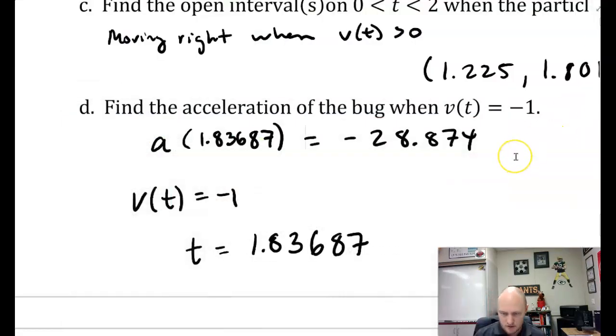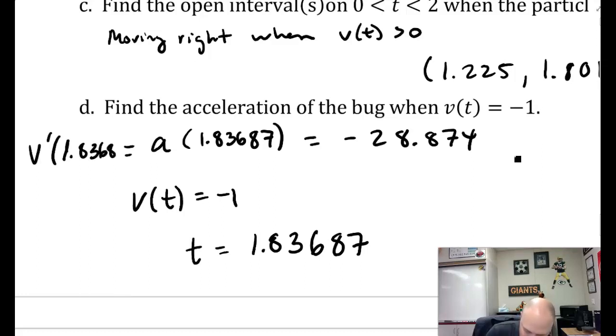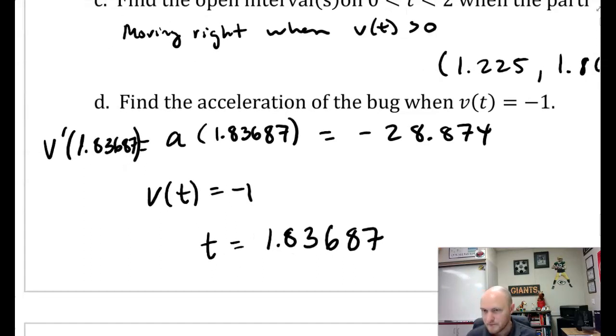Okay, and there you have it. That is your value. And I also want to define this. This is v prime of 1.83687. Okay, so there you go. If you're working on the AP test and you define a variable, it's important that you write that down, that you store that number, just so the reader knows.